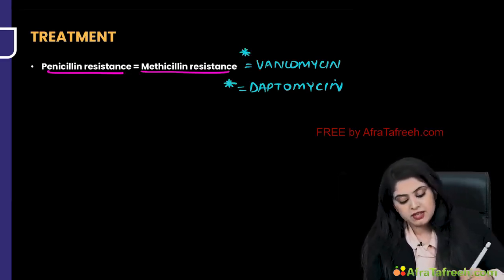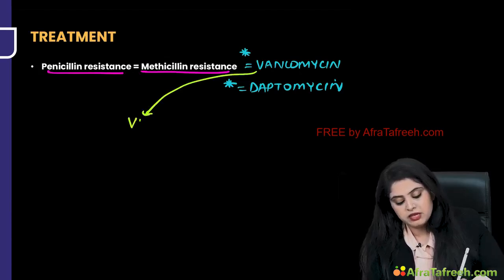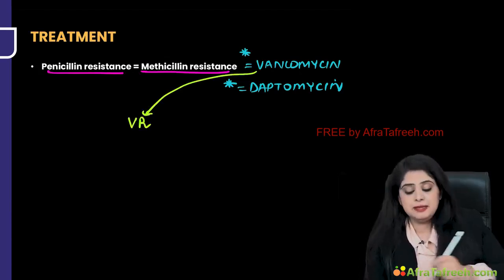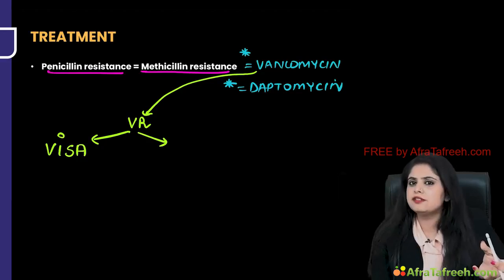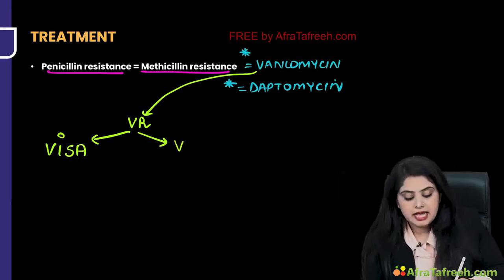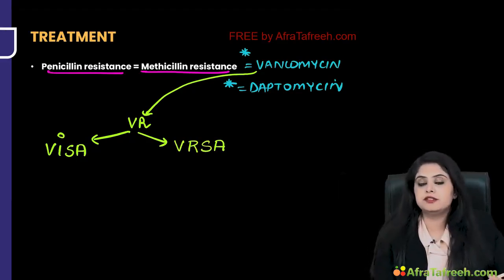Yes, even vancomycin resistance has now been implicated. We have two types of situations: vancomycin intermediate Staph aureus, which is kind of resistant, and vancomycin resistant Staph aureus, which is definitely resistant, right?